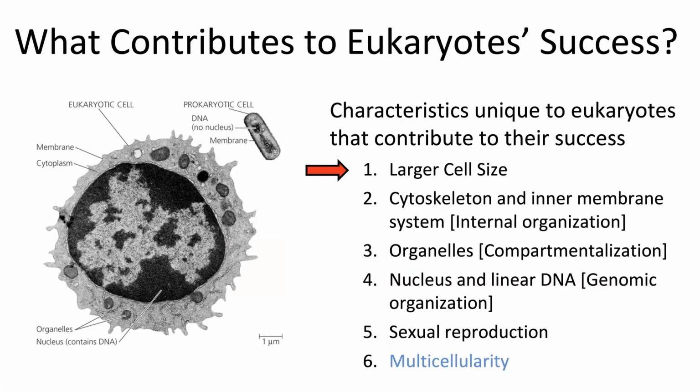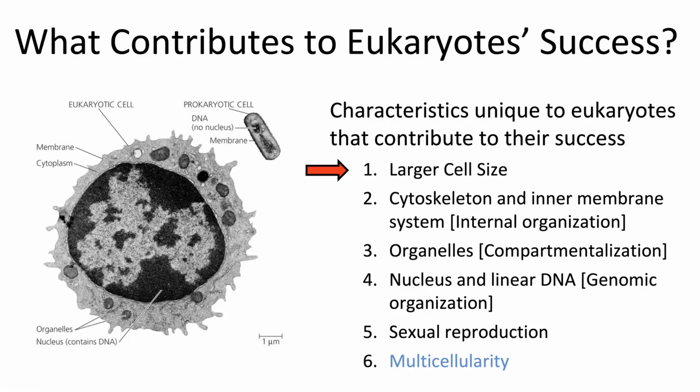So we had this list of unique traits that the eukaryotes have that contribute to their success. We talked about larger cell size, and really this idea that eukaryotic cells in general tend to be much larger than prokaryotic cells, like the one you see in the drawing here.